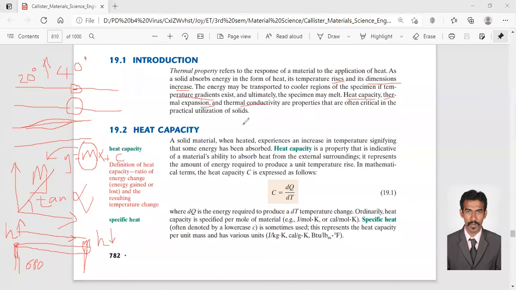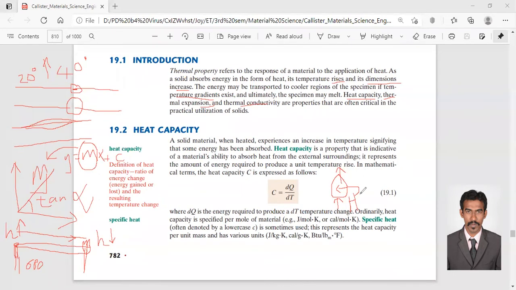A solid material, when heated, experiences an increase in temperature, signifying that some energy has been absorbed, right? So there's a material, and you are providing heat. This heat is absorbed by this material, and due to that, the temperature of this material rises.